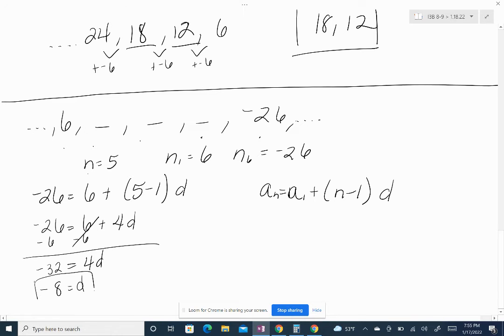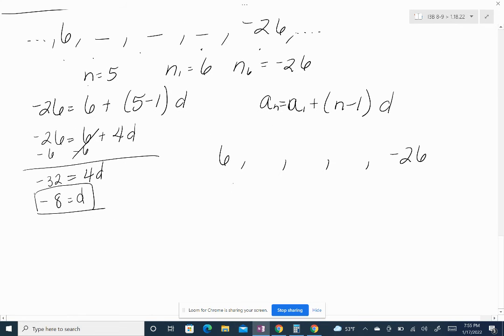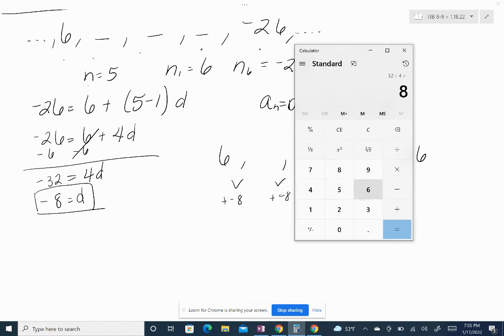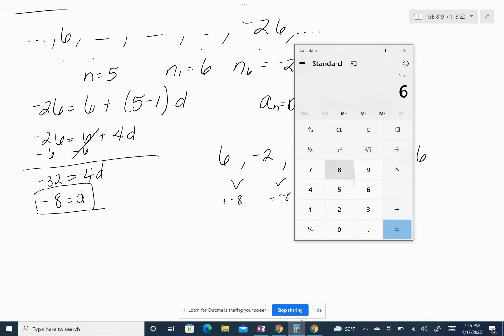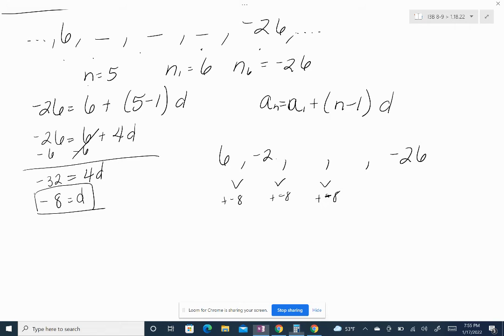Remember, that's not our final answer. That's just going to help us in our pattern. So we have 6, then 3 blanks, then negative 26. So we're going to go ahead and add negative 8 every time. So 6 plus negative 8 gives us a negative 2.